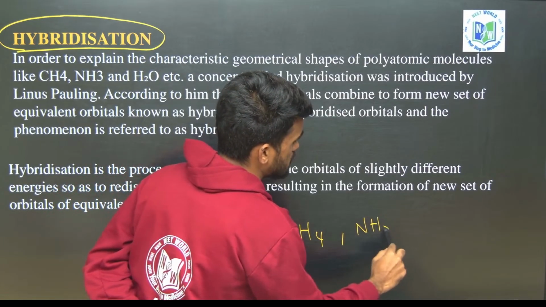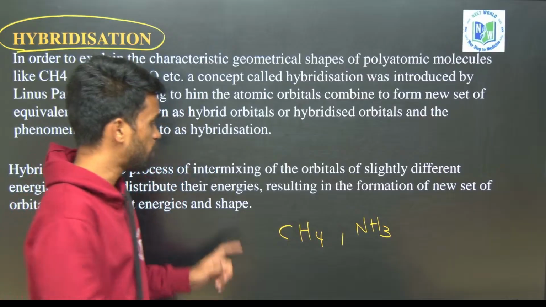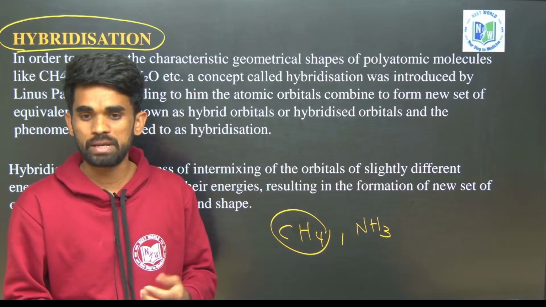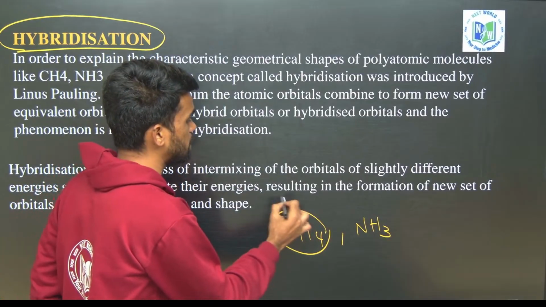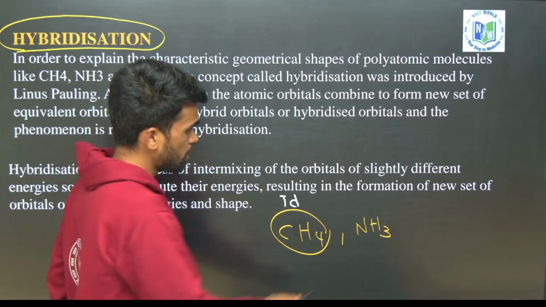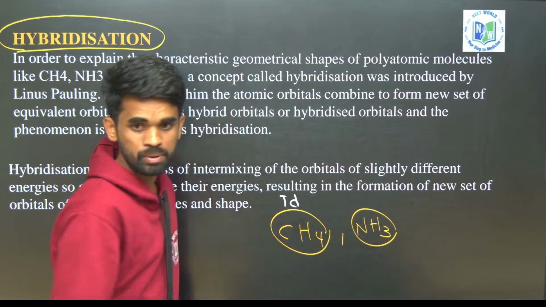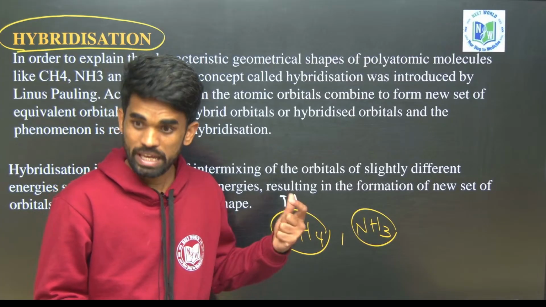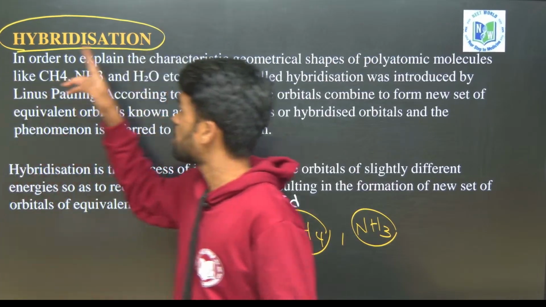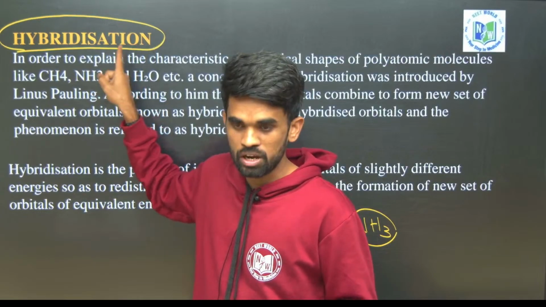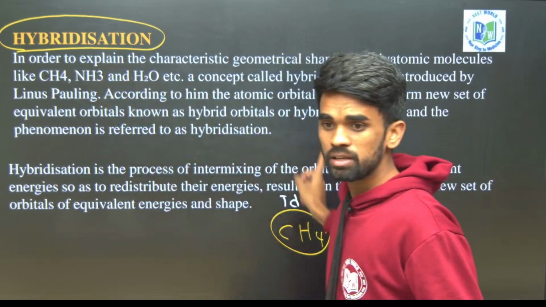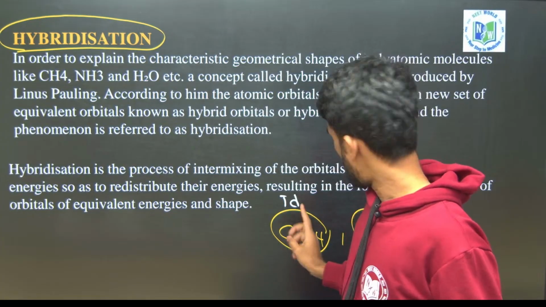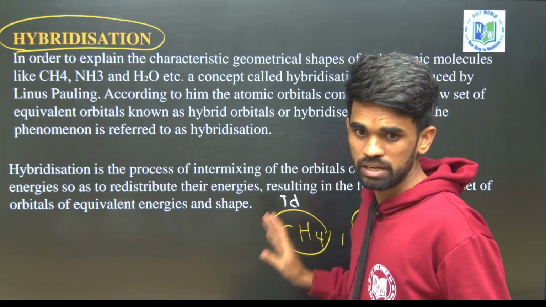For these, what exactly is the structure and geometry, and how can we explain it? For example, methane has tetrahedral geometry and ammonia has a pyramidal shape. So how can we explain these structures? To explain this, we have a concept called hybridization. This is a theoretical concept to explain the geometry and structures of molecules like methane and some other compounds.